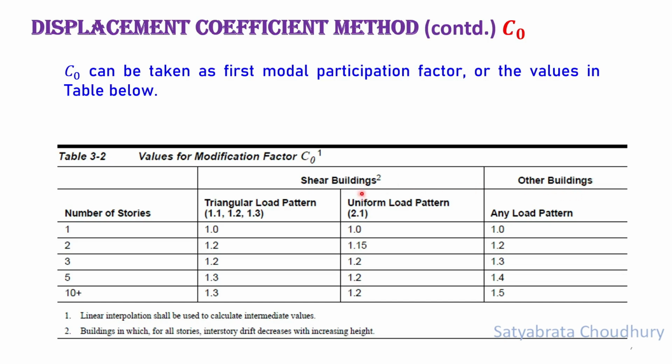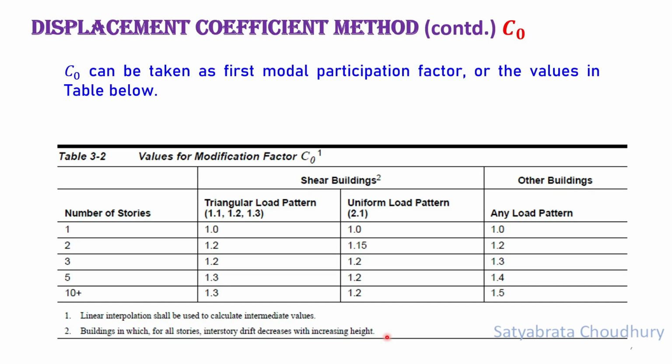What is a shear building? A definition is given here: buildings in which for all stories interstory drift decreases with increasing height. However, shear building means a building having rigid diaphragm, rigid beams, so that due to the effect of the rigid diaphragm at the floor level, you have the displacements of the stories in the shear mode, not in the cantilever bending mode.